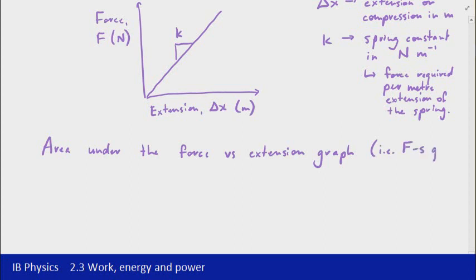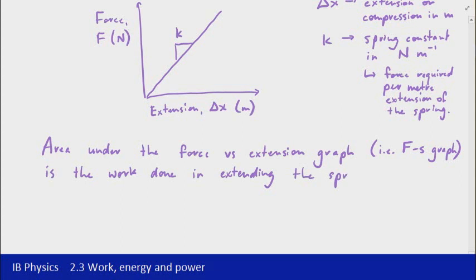So the extension here is a distance, so force versus distance. So we've got an F-s graph. That area then is the work done in extending the spring. So we're coming back to that idea of area under an F-s graph.